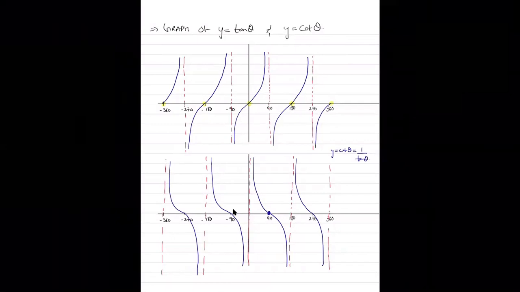Now, in the graph of cot theta, the period is 180 degree. One cycle of cot gets completed in 180 degree. The distance between the asymptotes is also 180 or pi radian. There is no minimum or maximum value, and you will always get asymptotes on integer multiples of pi radian.